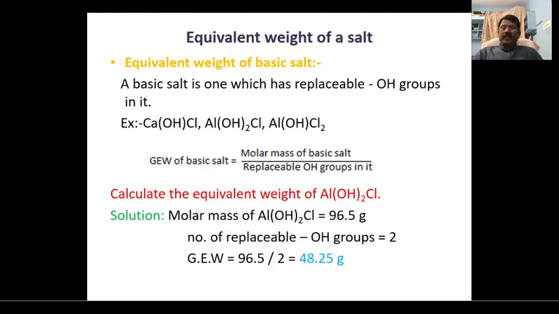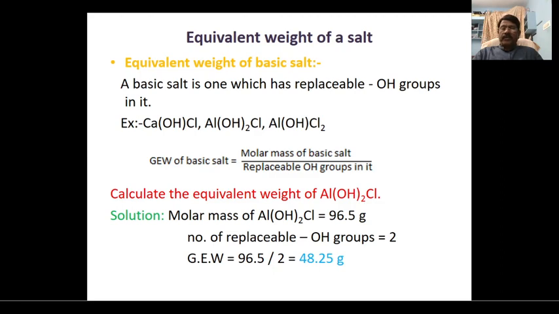In these examples, the calculation of gram equivalent weight of basic salt uses the same formula as in the case of acid salt: molar mass of basic salt divided by replaceable OH groups in it.